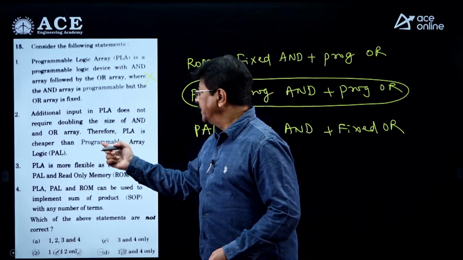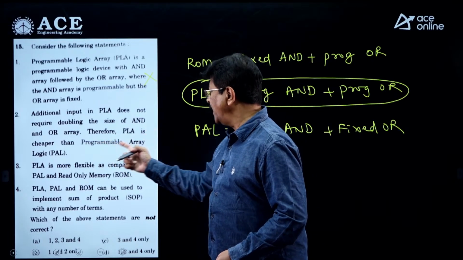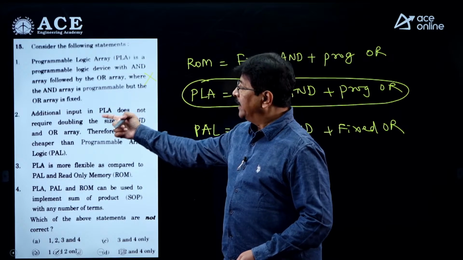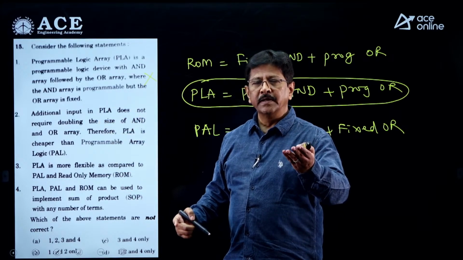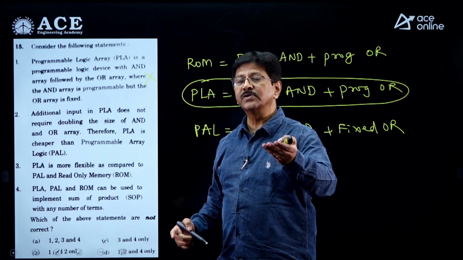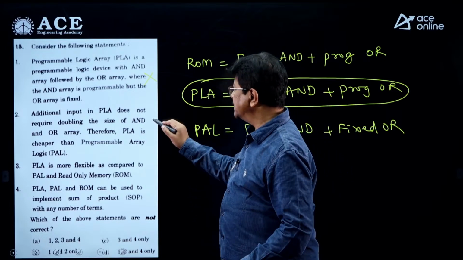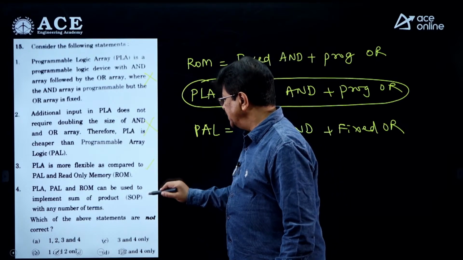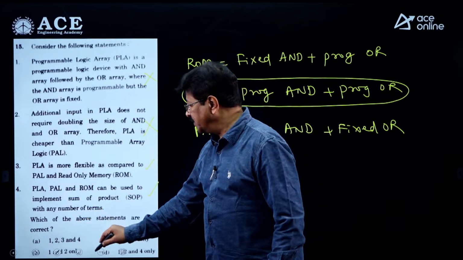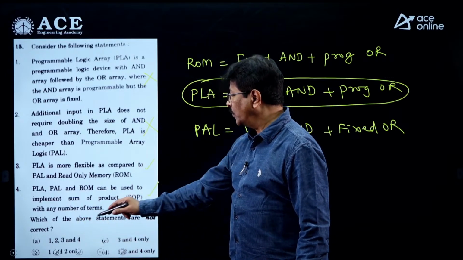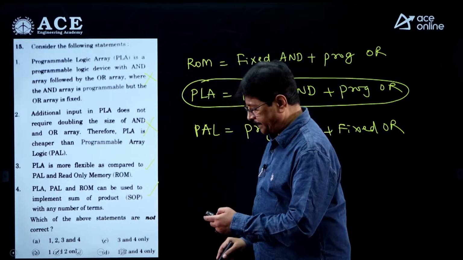Coming to the second one, is the PLA cheaper than programmable array logic? The answer is no. Why? Because if the number of inputs increases, the number of inputs to the AND gates and to the OR gates are going to increase. That's the reason this is wrong. So this one is correct and this one is correct. Hence, the correct option is B for this. Which of them is incorrect in this one? So 1 and 2 is the answer.